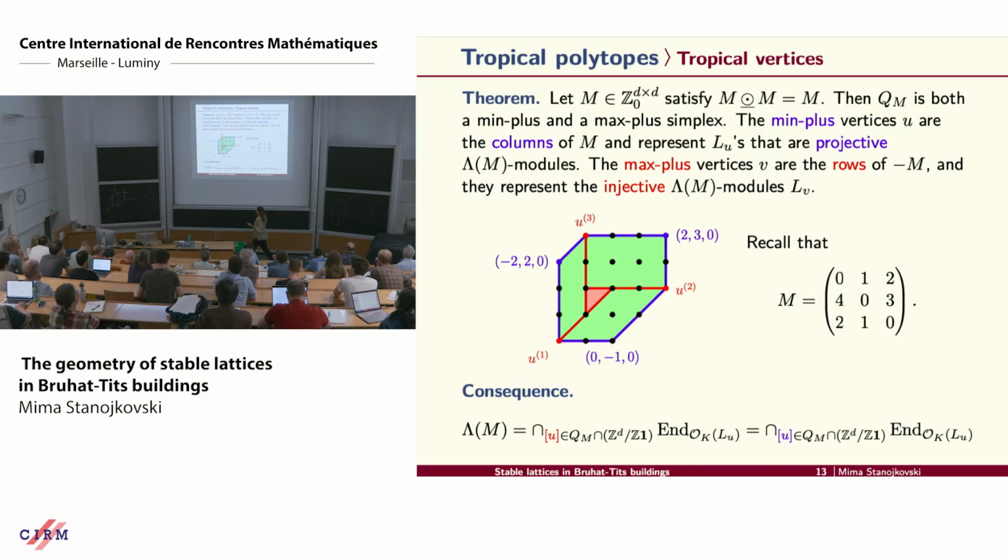Okay, so this result also tells us that if we want to write lambda m as an intersection of endomorphism rings, we can do it either by taking the min vertices or the max vertices. And so this will always be an intersection of at most d endomorphism rings.